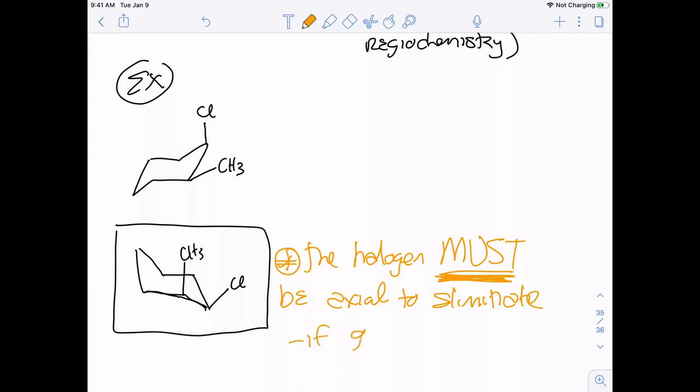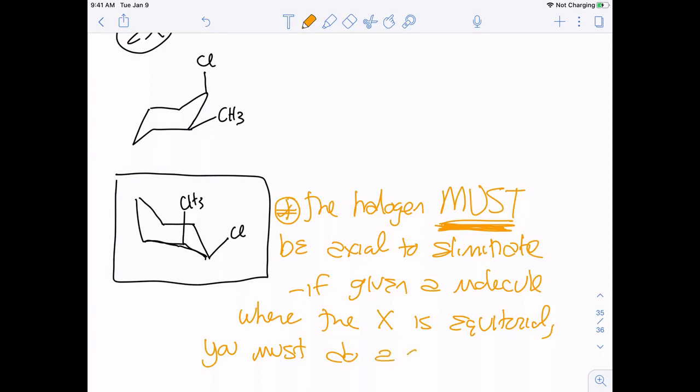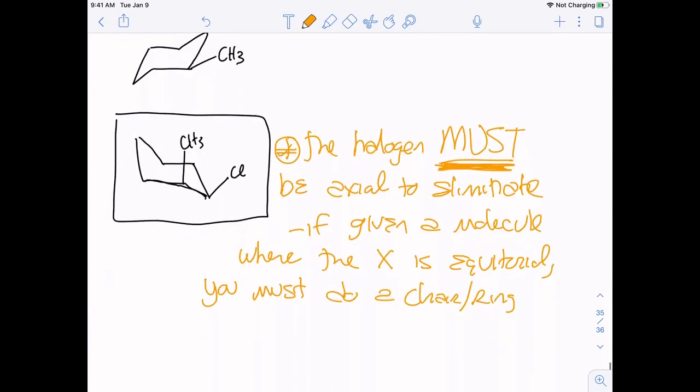If given a molecule where the halogen is equatorial, you must do a chair flip, ring flip, whatever you want to call it, first. You don't have an option.